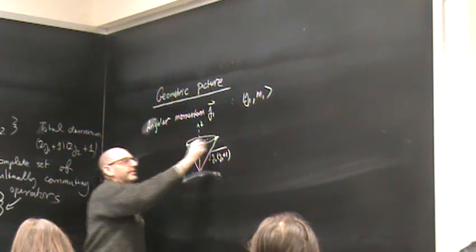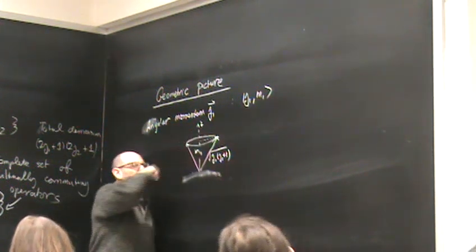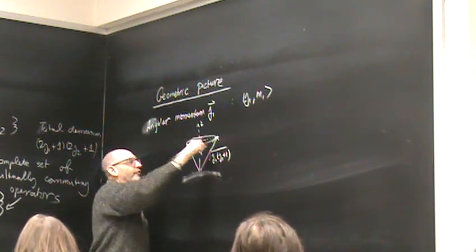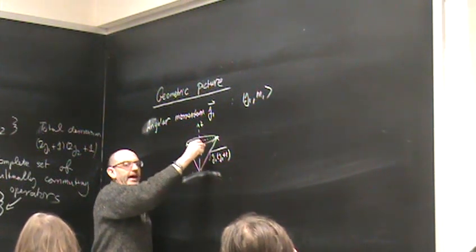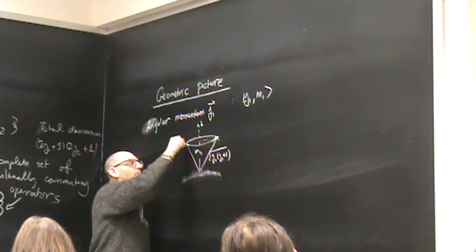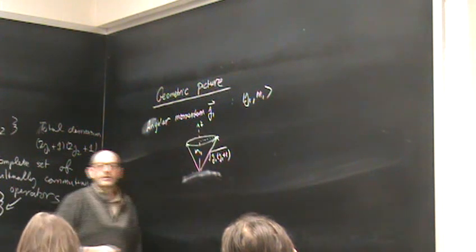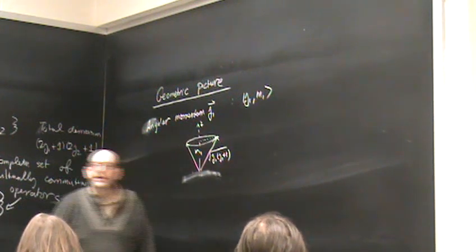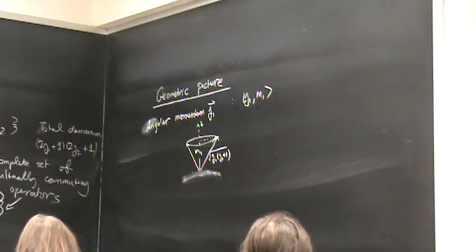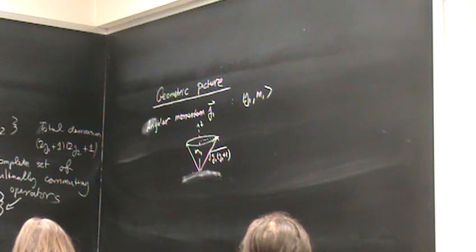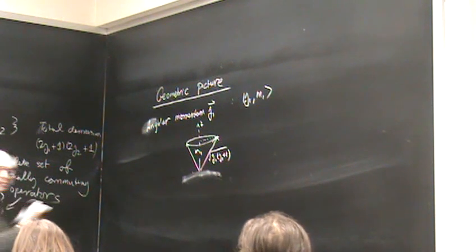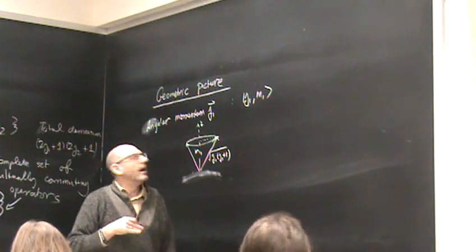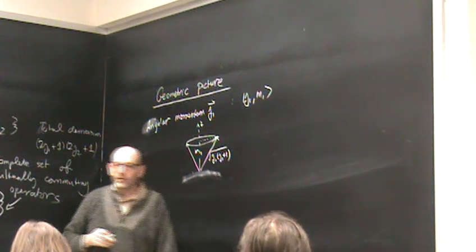Okay? So this is a vector. We can think about this loosely as we know for sure that the vector lies somewhere on this cone, but we don't know where. There's uncertainty in its x and y components. Its z component is fixed. Its magnitude is fixed. But we don't know what its x and y components are.